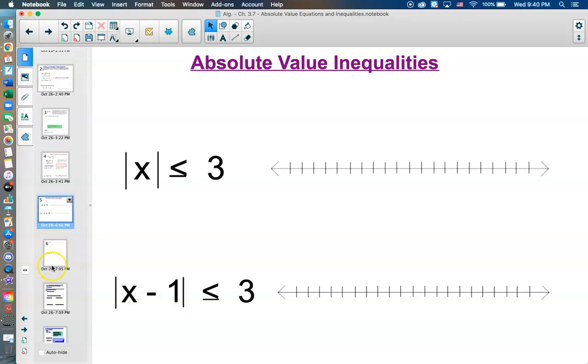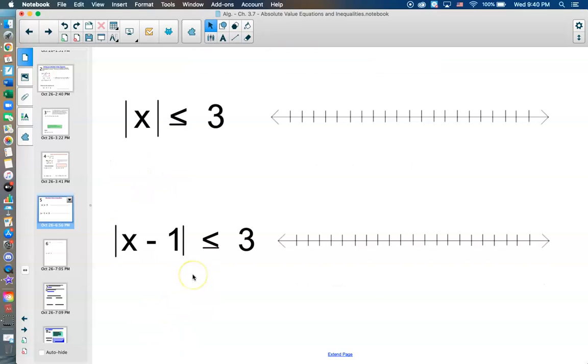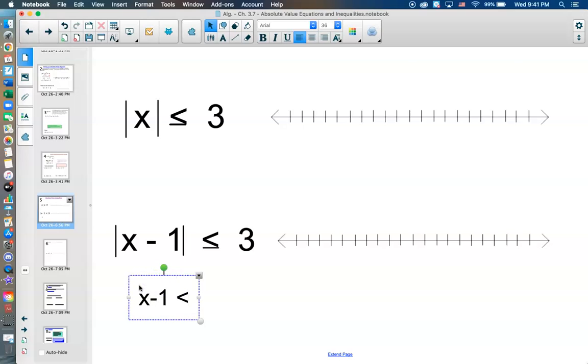Moving to absolute value inequalities. It's very similar. You're going to isolate the absolute value expression, and instead of setting it equal, you're going to do the same thing. It's going to first be that we have x minus 1 is less than or equal to 3.